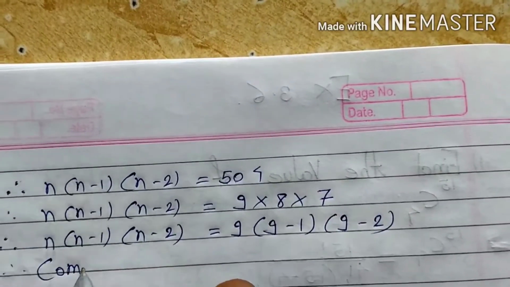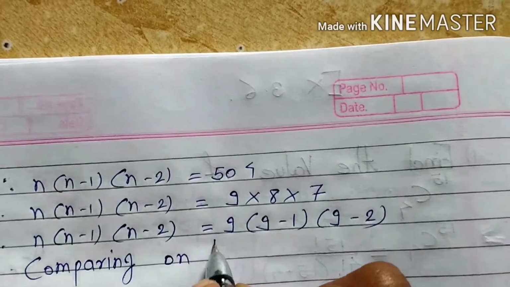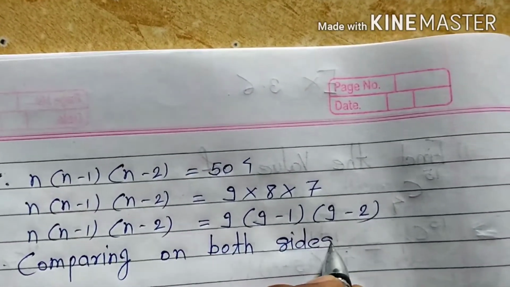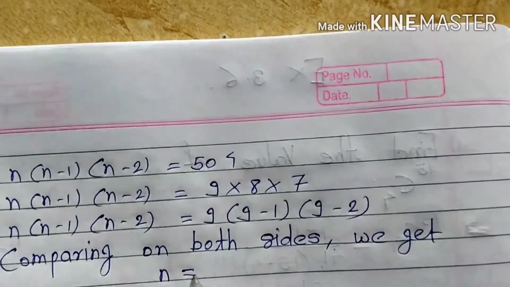Therefore, comparing on both sides, we get n is equal to 9.